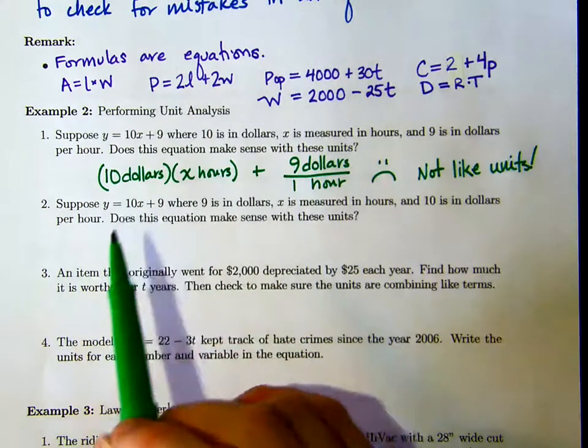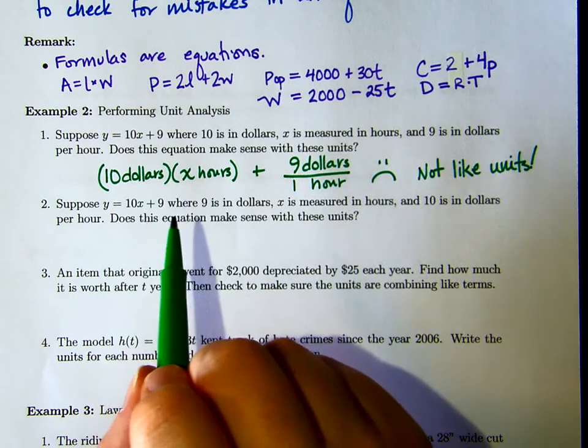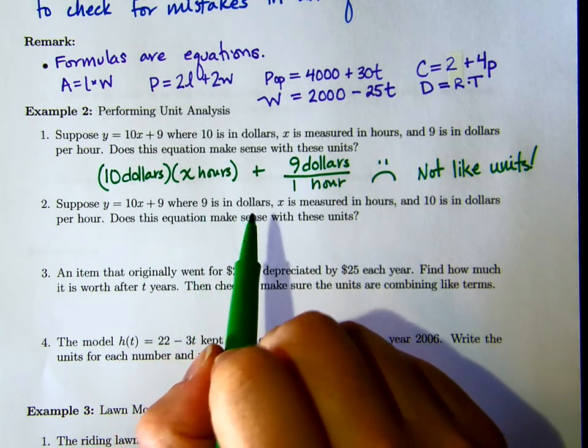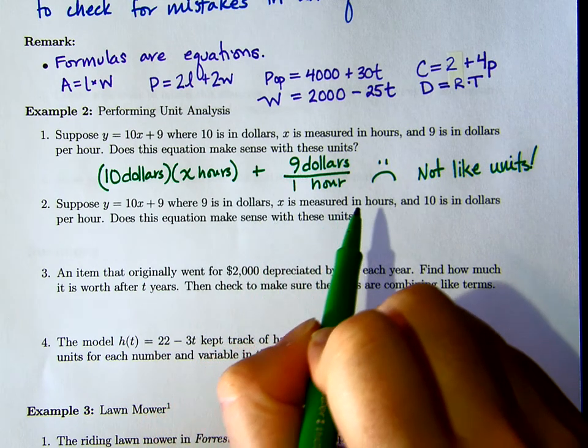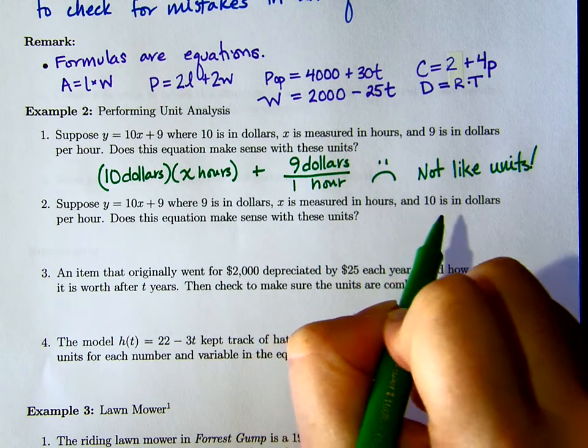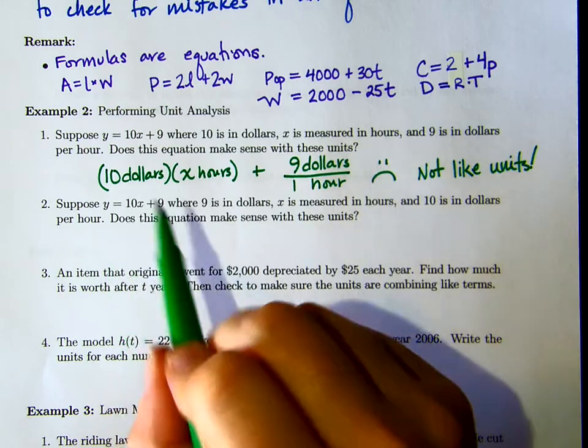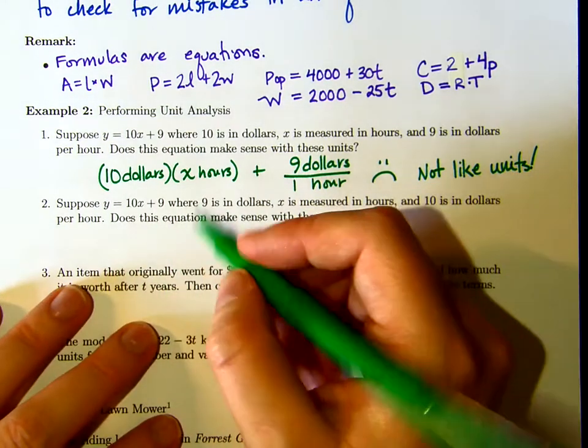So now let's suppose we have the same equation where 9 is in dollars, x is in hours, and 10 is in dollars per hour. Okay, so now let's retry this and see what we get.